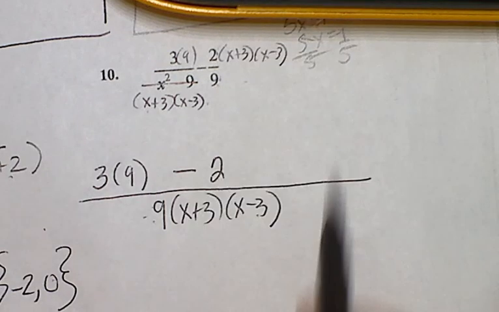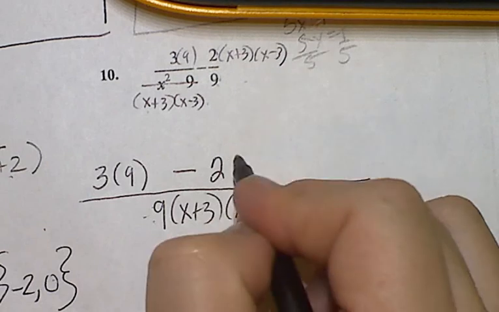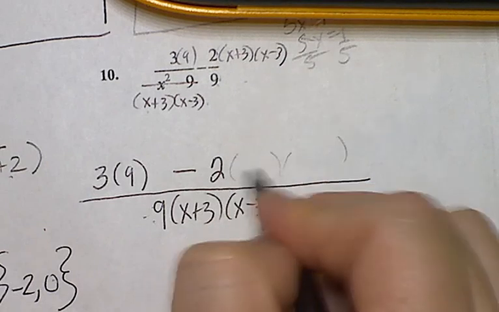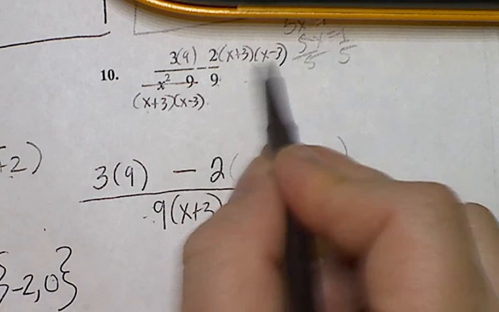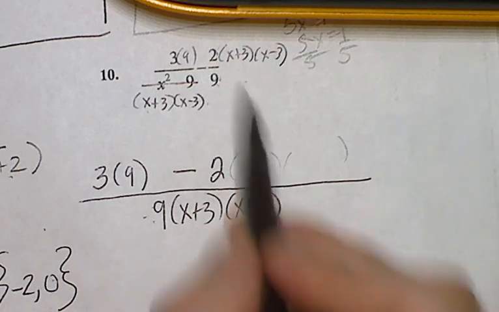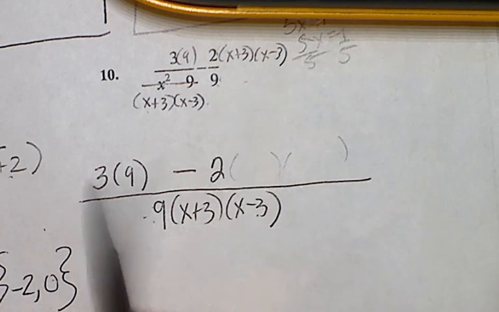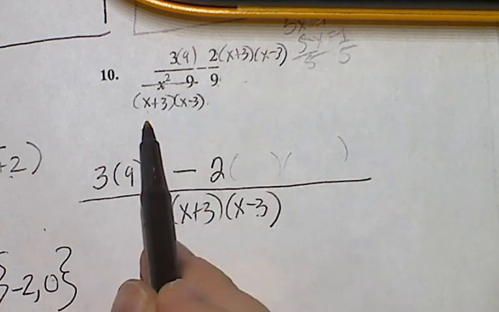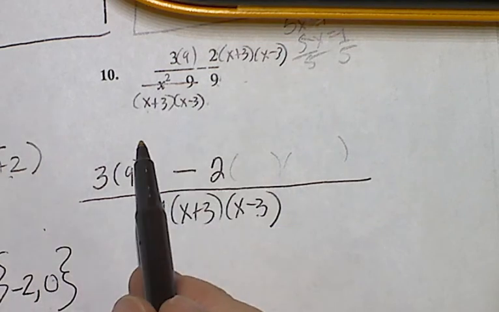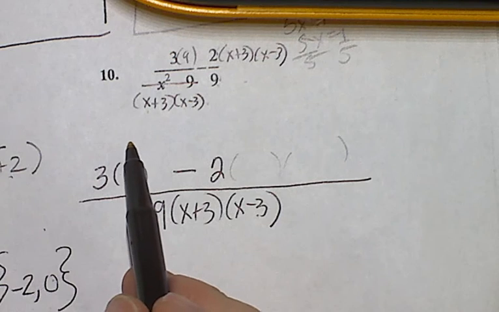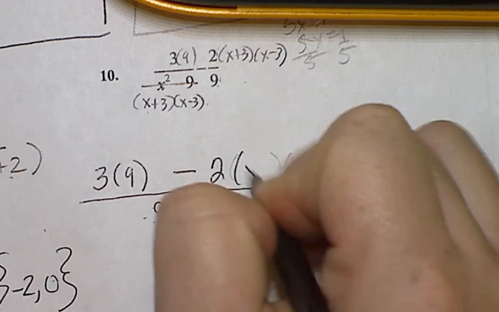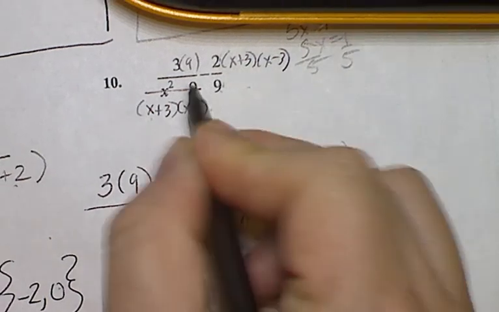So yes, I could write, don't put this down please, x plus 3 and x minus 3 because that's what it's missing. But a shortcut, what else equals x plus 3 times x minus 3? Look over here. What is equivalent to x plus 3 times x minus 3? X squared minus 9. That's what we factored to. Those are equivalent expressions.